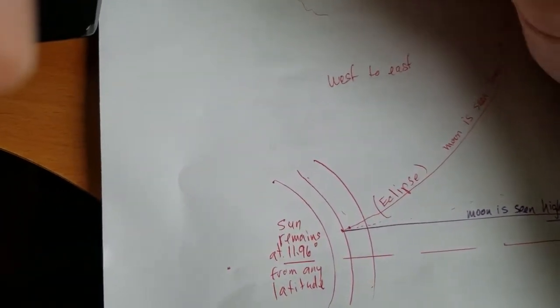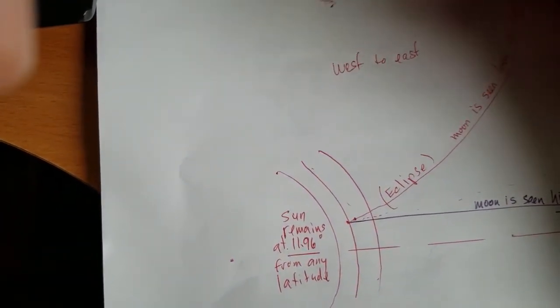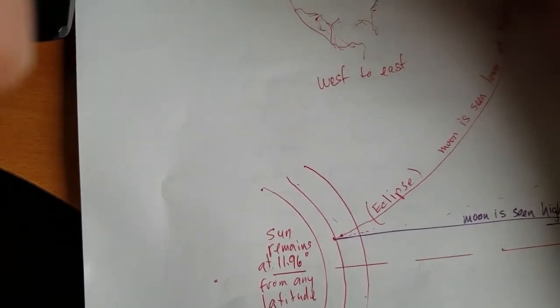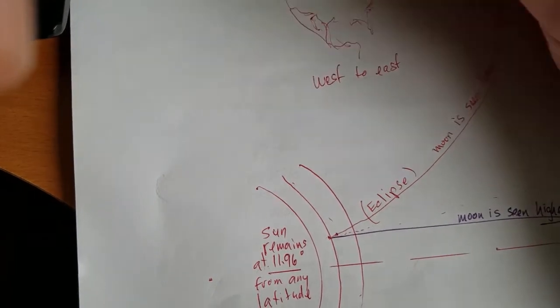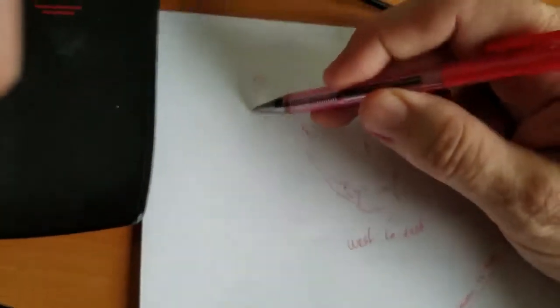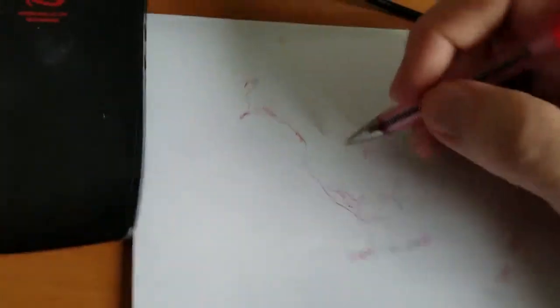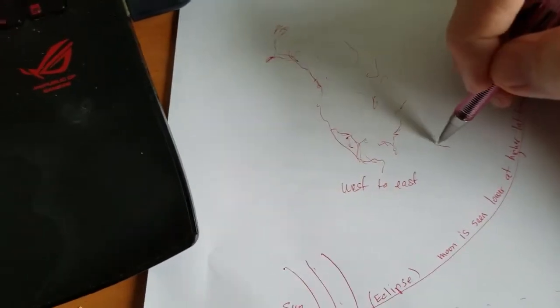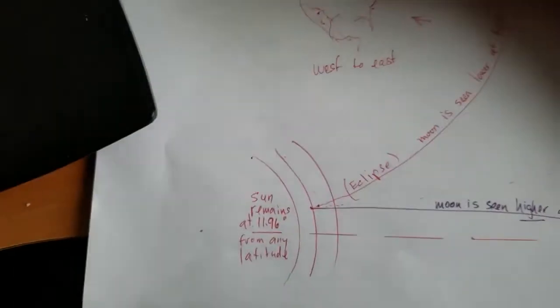So if this is North America over here, excuse me, we've got Mexico going like this and like that, Great Lakes over here, Alaska over here, like that. We're going to see as the sun and the moon go this way, they're very close to each other, and that's how it creates the reversal in the direction of the shadow.